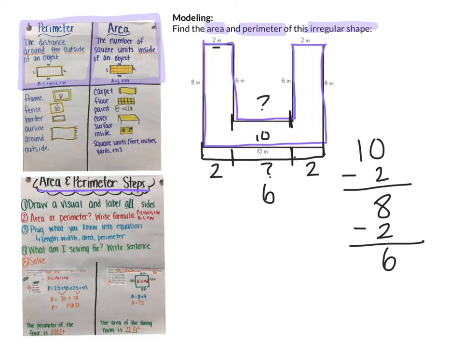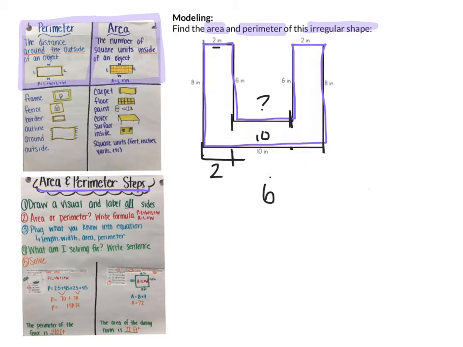Next, we'll go ahead and clear this out so we have room to solve. We'll add in our 6 inches for our missing side length.